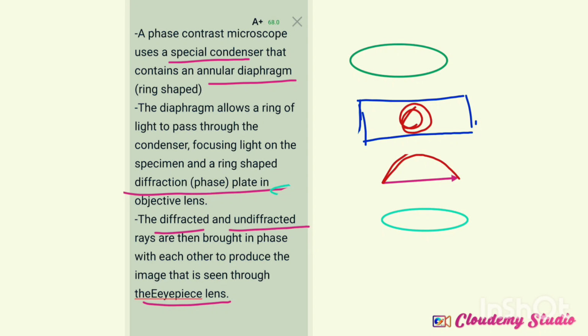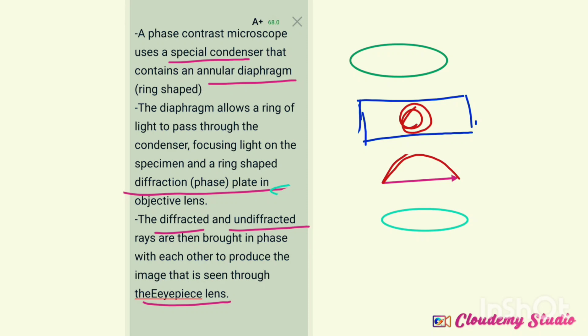From the specimen it passes towards the objective lens, and this objective lens consists of a diffraction plate, which is also called a phase plate. The diffracted and undiffracted rays are then brought in phase with each other to produce the image that is seen through the eyepiece lens of the microscope.